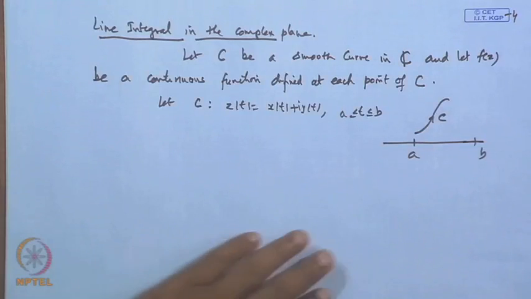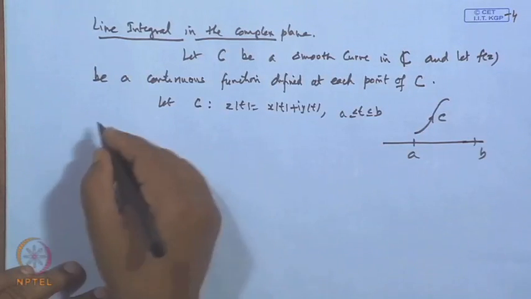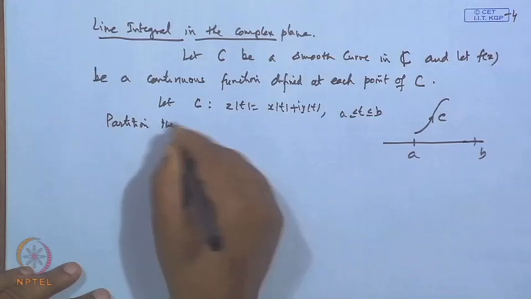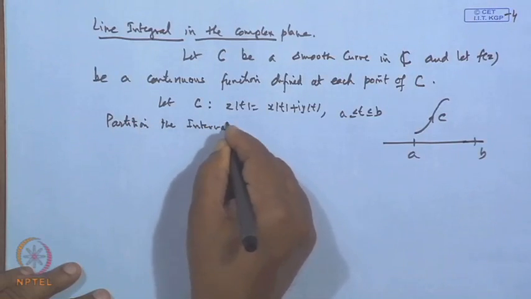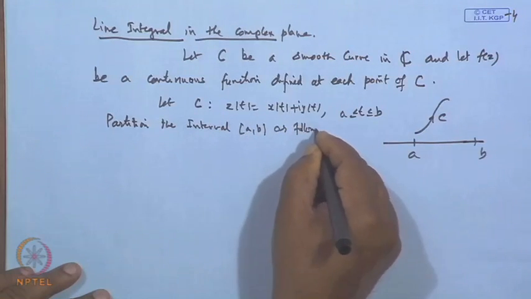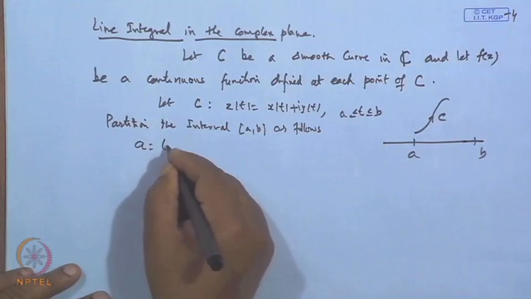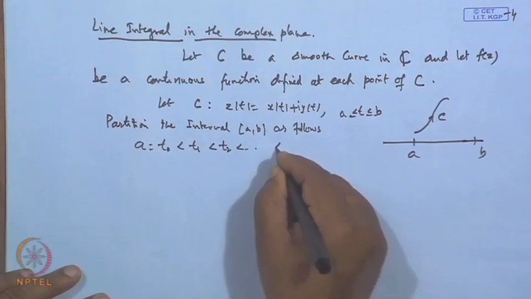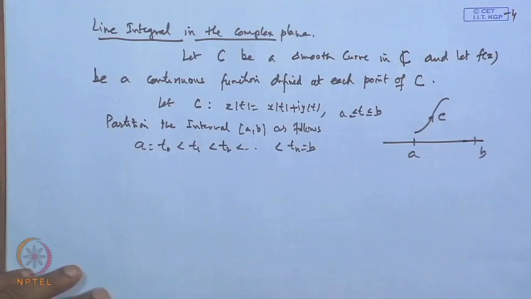Partition the interval [a, b] as follows: a = t₀ < t₁ < t₂ < ... < tₙ = b.